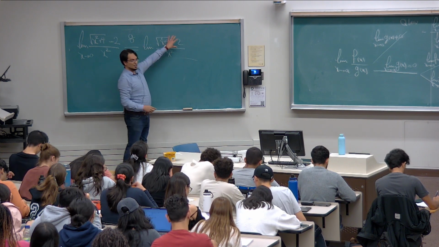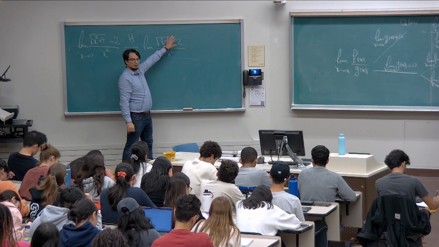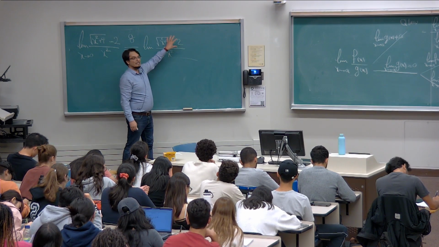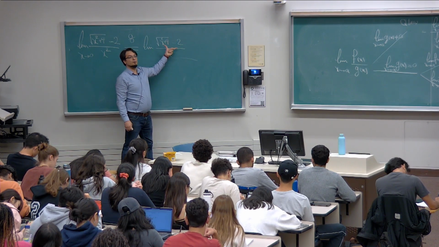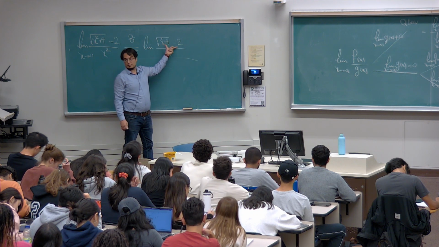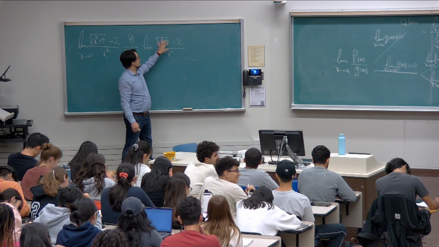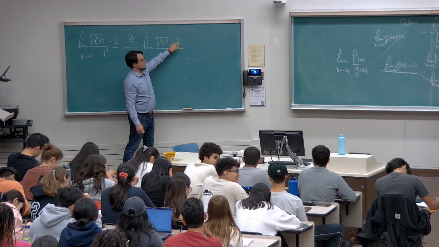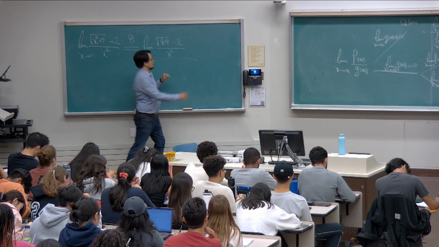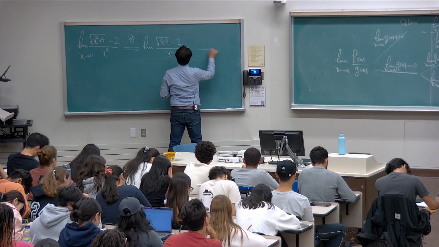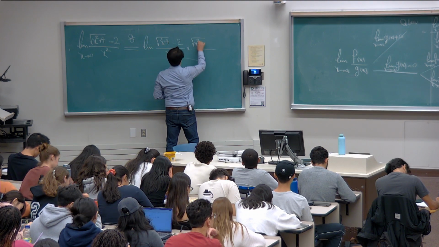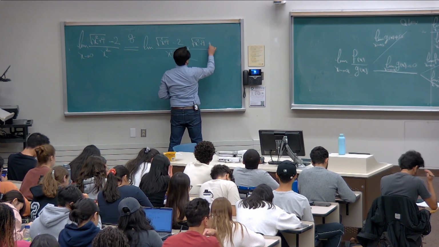To rationalize the numerator, that was what you were trying to say, I need to multiply the numerator by its conjugate. What is the conjugate? This minus that turns minus to plus. So I multiply the numerator by the square root of x squared plus 4, plus 2.